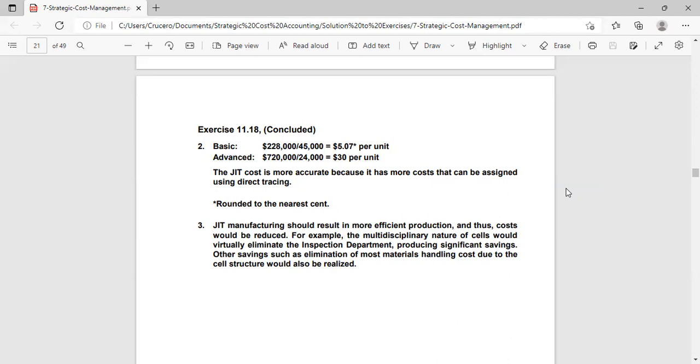For example, the multidisciplinary nature of cells would virtually eliminate the inspection department, producing significant savings. Other savings, such as elimination of most materials handling costs due to the cell structure.